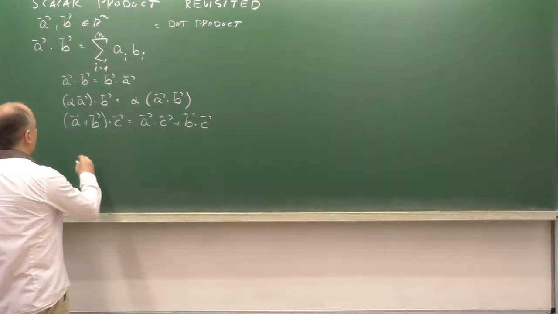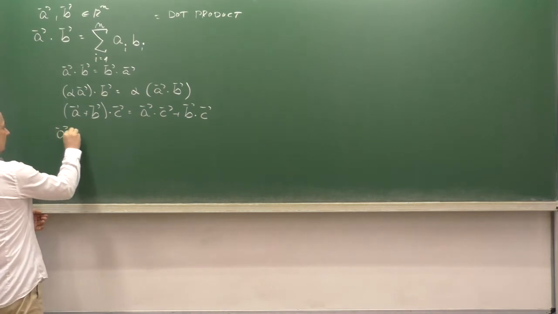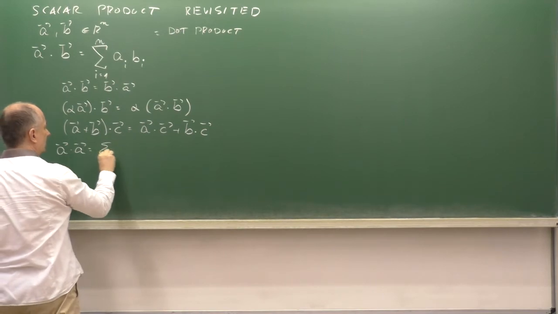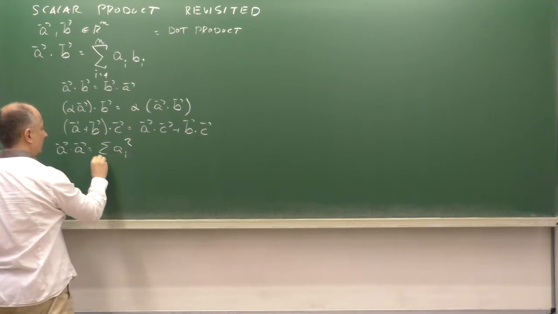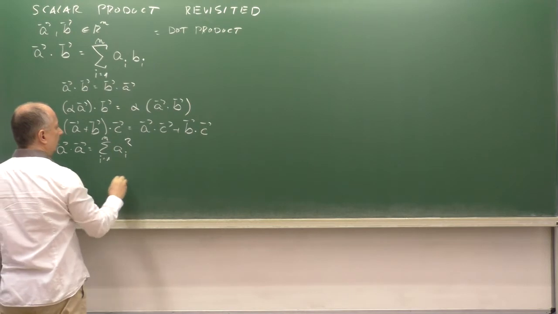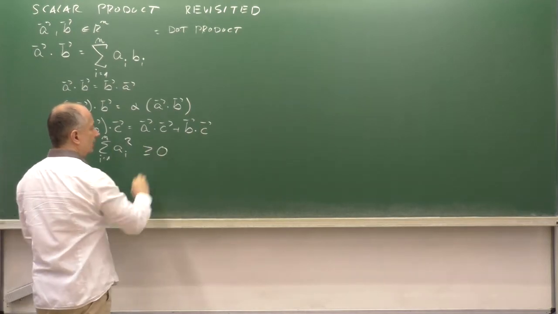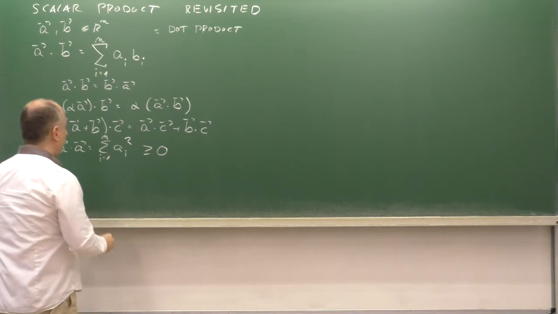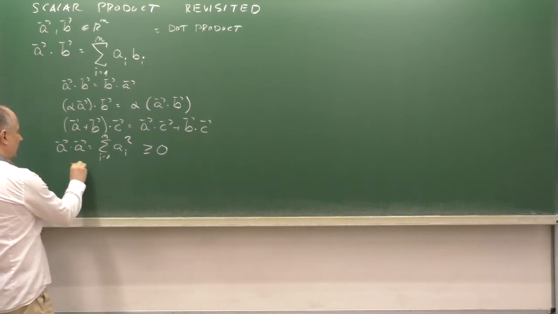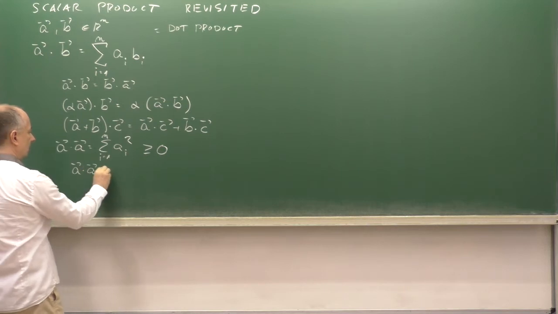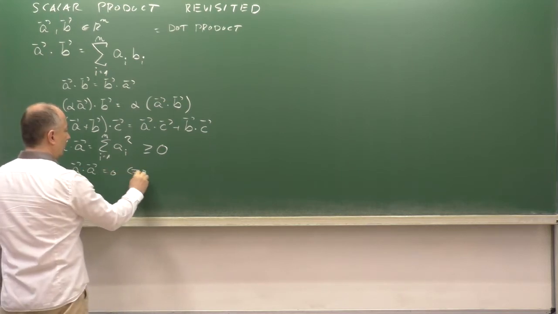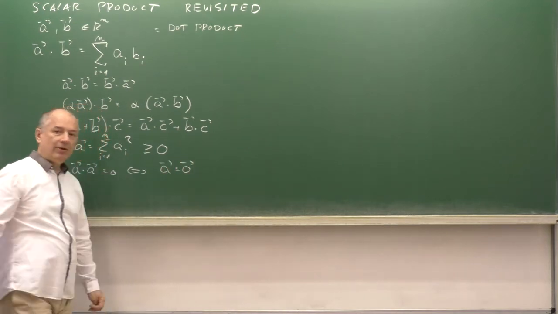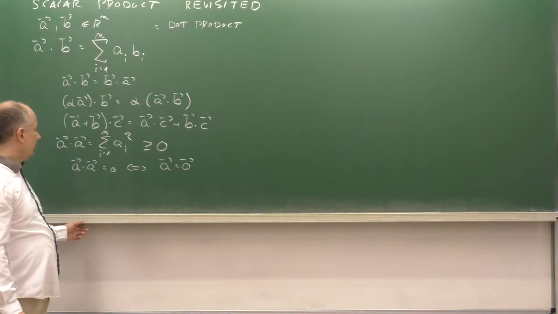Then if we multiply a vector with itself, A·A, which is the sum of a_i squared, then you see this is definitely greater than or equal to 0, and the scalar product with itself may be 0 if and only if the vector is equal to 0. That means every component of it is equal to 0 exactly.